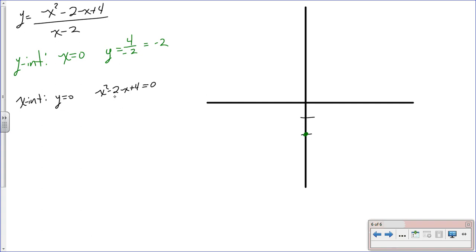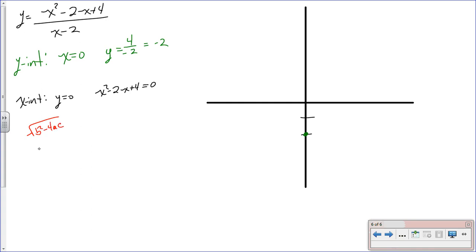Now this won't factor, because you have 4 and 1, which will not give you a negative 2, or you have 2 and 2, which will also not give you a negative 2, so this won't factor. And if you try the quadratic formula, underneath your square root you have b squared minus 4ac.